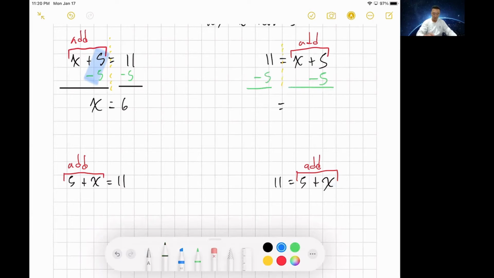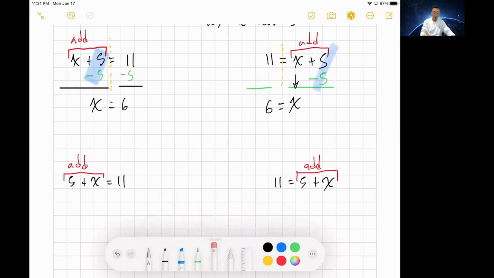And that gives me again 0 right there, which leaves me with just x, and 11 minus 5 is 6. So again, it doesn't matter whether the relationship with x is on the left side or the right side, but you always handle the number that is with the x.